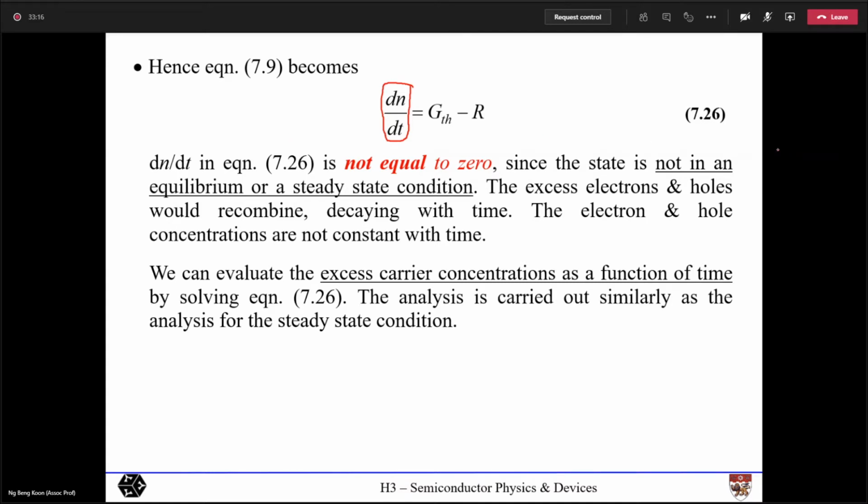We need to use this and try to solve for, remember, the objective is to find delta n. This term with the dn/dt is really a first order differential equation, so let's try and solve this to see what solution you get.